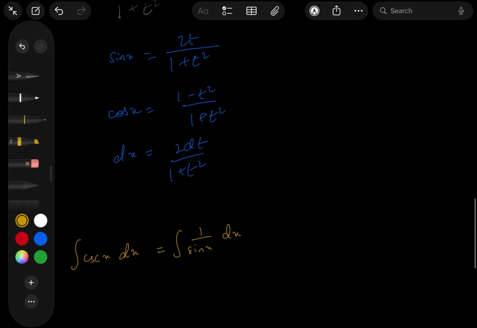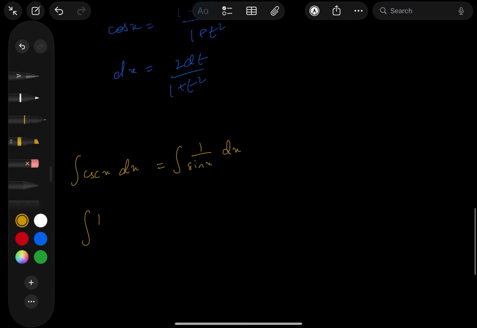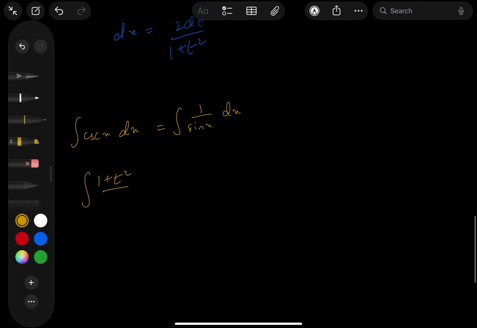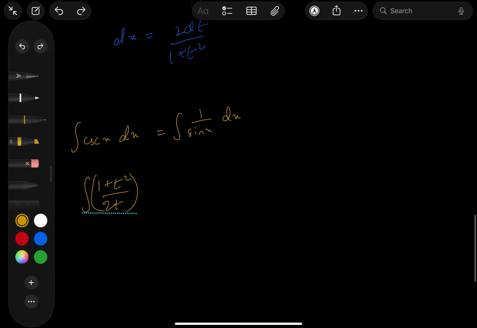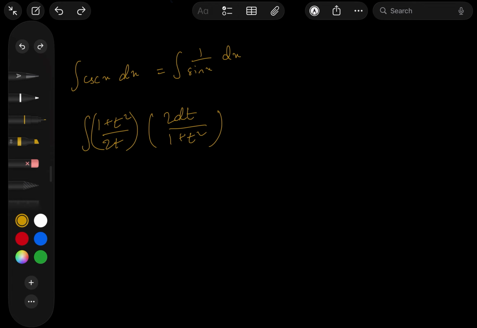Now we know that we can substitute sine of x as this, so we can take this as 1 plus t square by 2t, and we have to substitute this for dx, so we take 2 dt over 1 plus t square, and that's our integral.